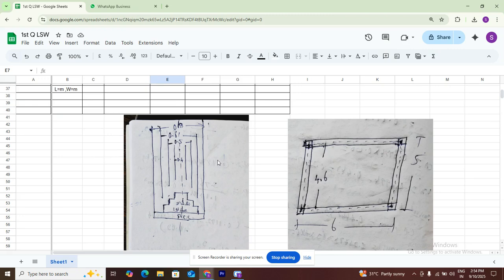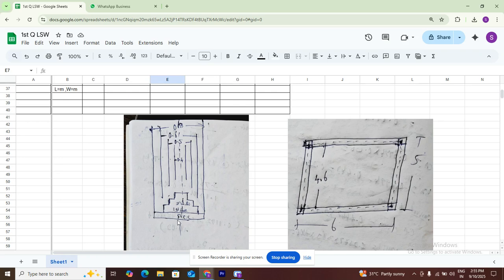While considering the excavation, 0.8 is the width of the footing. 0.8 means 0.4 is already inside the wall, and the other 0.4 is not included in the wall.